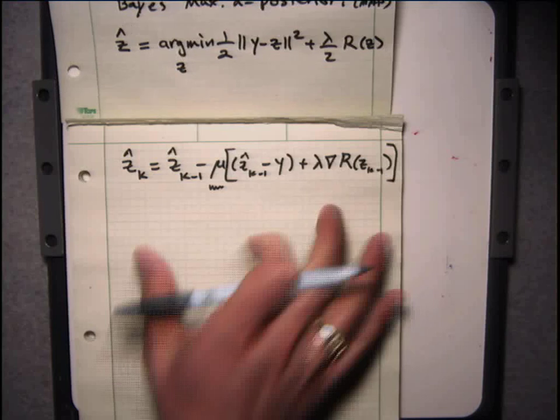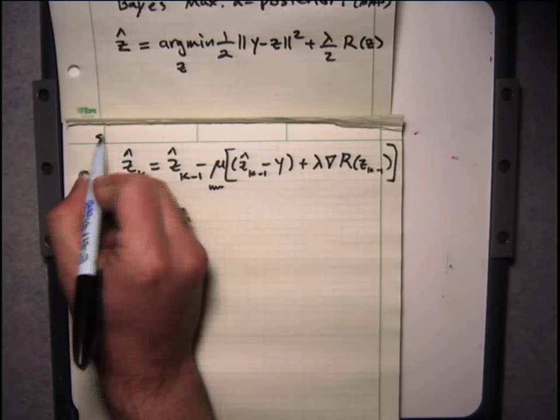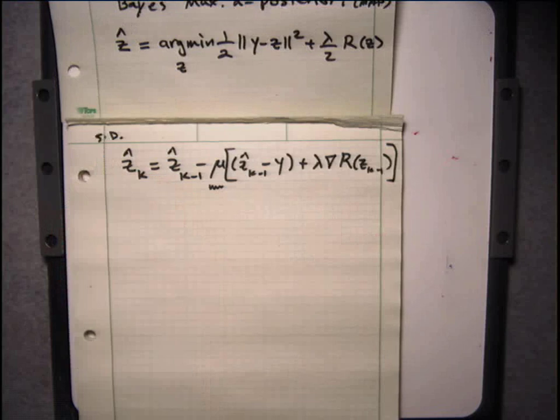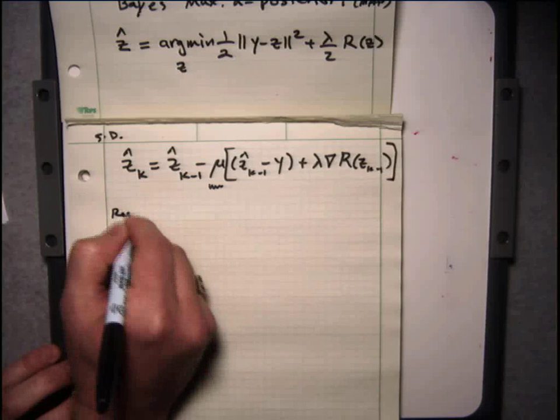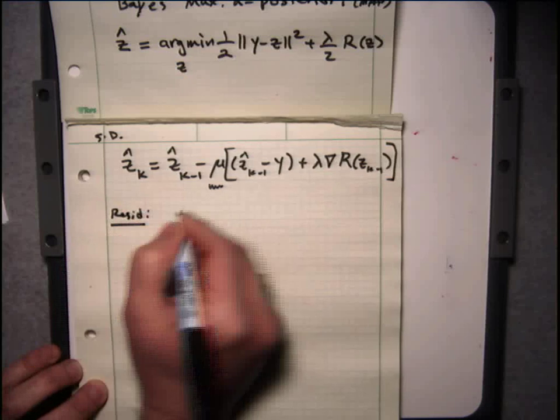All right, so this is, I'm calling it SD, steepest descent. Now let me write down the other iterations that we used to improve our estimates, right? So let me write down the residual iteration. What was that?